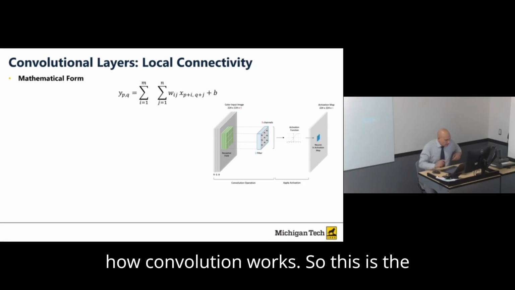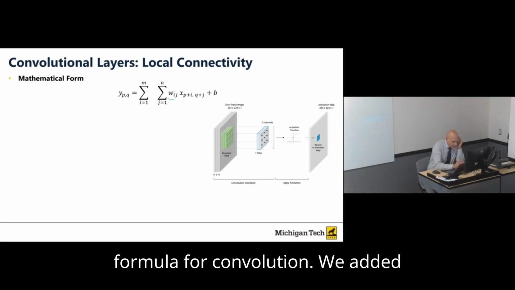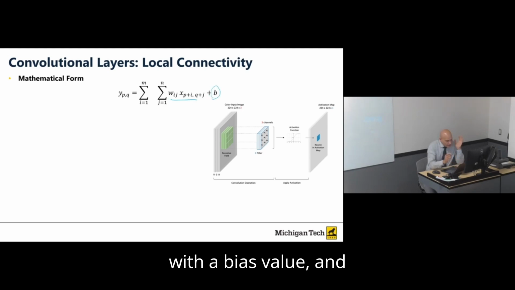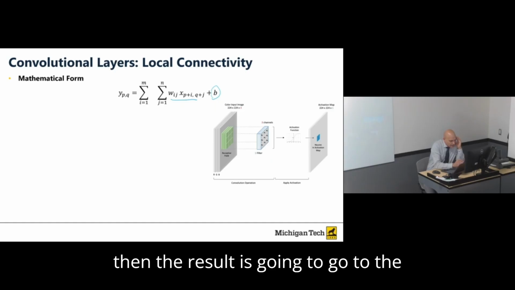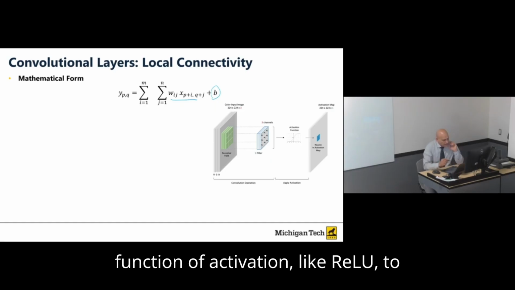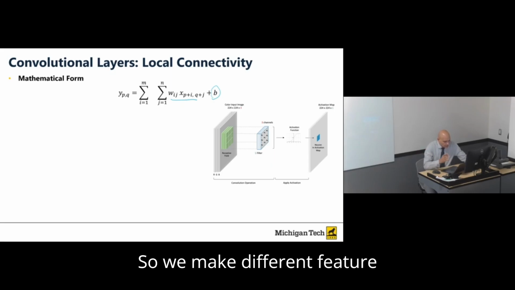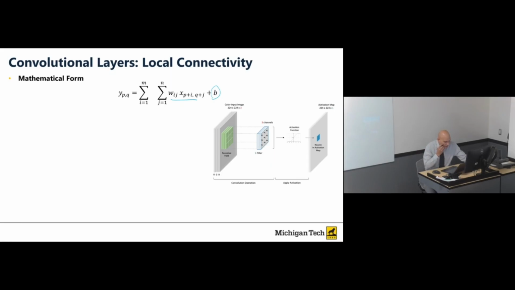So this is the formula for convolution. We add a bias value, and then the result goes to an activation function, like ReLU, to get some nonlinearity, and then make feature maps.